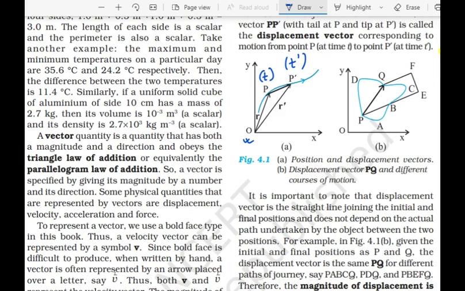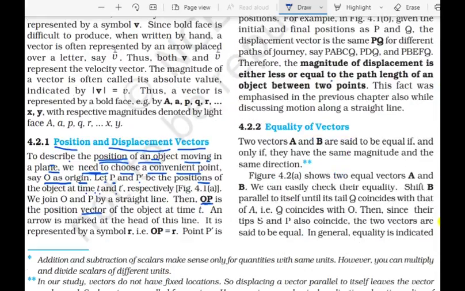When the time is t, OP is the position vector, and when the time is t dash, OP dash is the position vector. OP is represented by the symbol R and OP dash is represented by the symbol R dash. So here R and R dash are the position vectors.